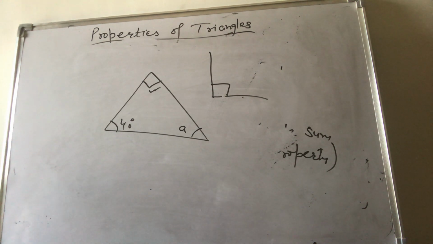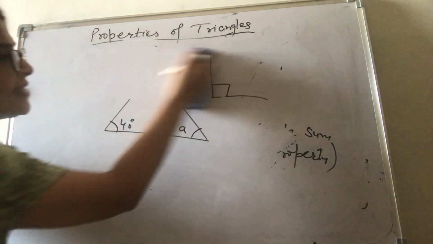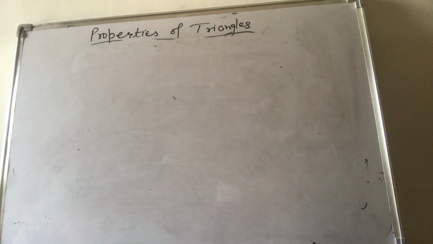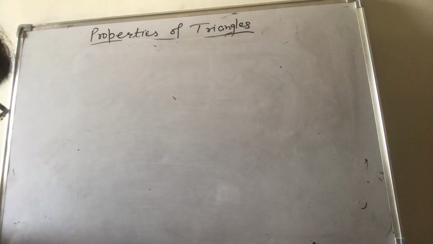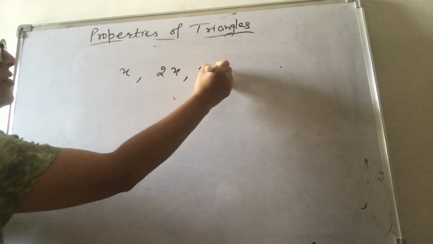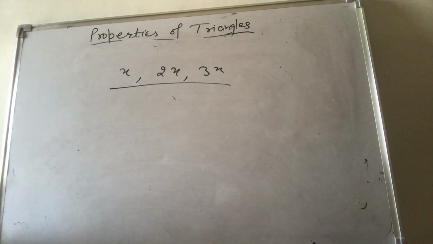Question number 2 is the same. Here we are not given the figures, but we are given that these are the three angles of a triangle. As in the first part we are given X, 2X and 3X. These are the three angles of the triangle. It is given in the question.